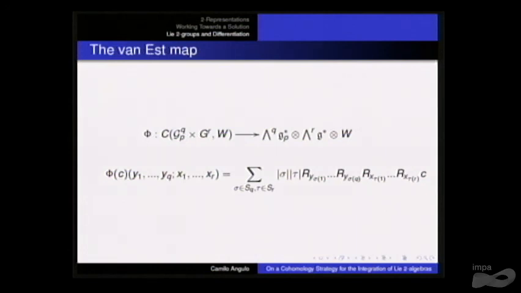These are the usual maps that one uses when defining Van Est. So it's taking left invariant vector fields and looking at level curves of a map.